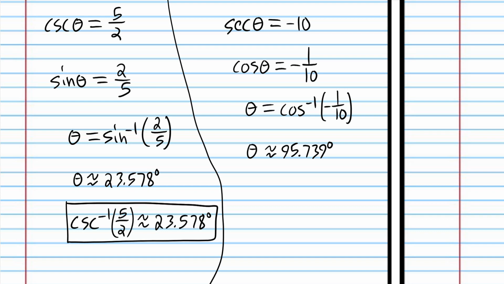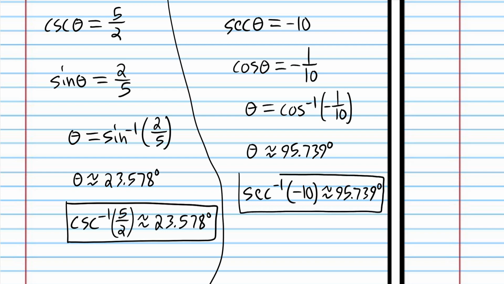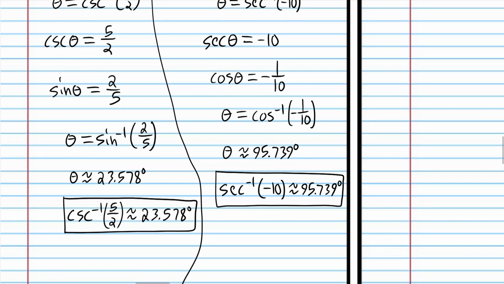And so let's write the final answer. Secant inverse of -10 is approximately equal to 95.739 degrees. So there you go.